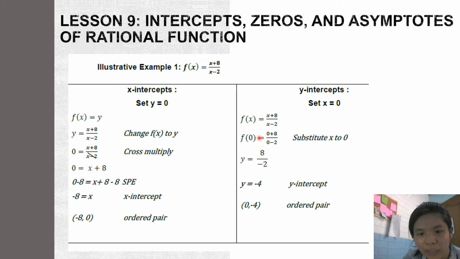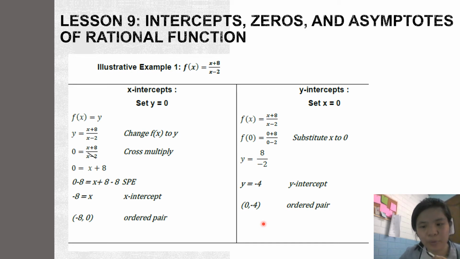Therefore, y, so f of x or f of a number, sabi ko nga kanina, are just the same as y. F of x is equal to y, right? So, change lang niya dito yung f of a number by y equals 0 plus 8 is 8 over 0 minus 2 is negative 2. So, you simplify, that is negative 4. Therefore, y is equal to negative 4. That is our y-intercept. Therefore, our ordered pair is 0, negative 4.